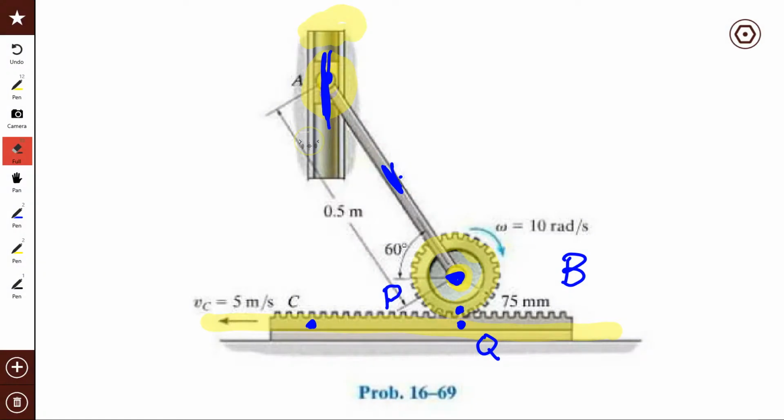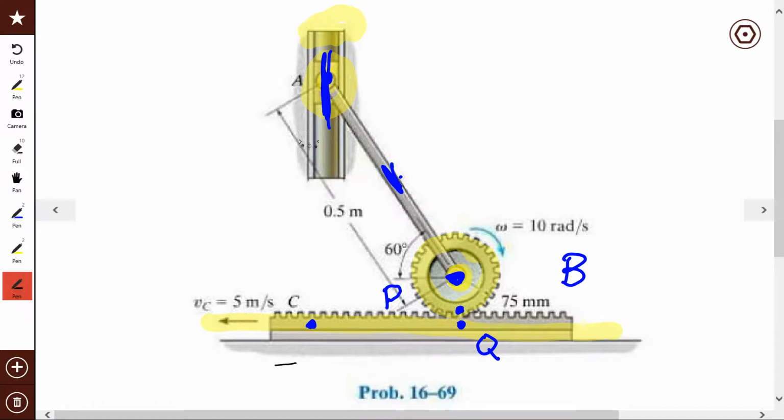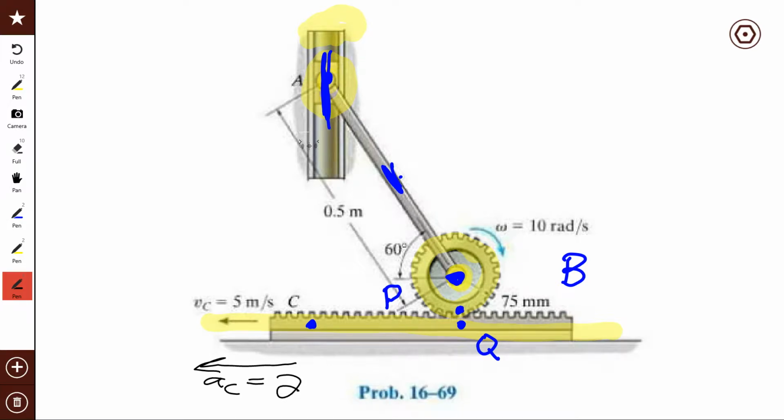Why is the acceleration 2 again? Okay, let's make one up. Just to get you ready, the acceleration of C is speeding up at the amount of 2. Temporary contact, no slip, means that Q and P have the same acceleration in the plane.